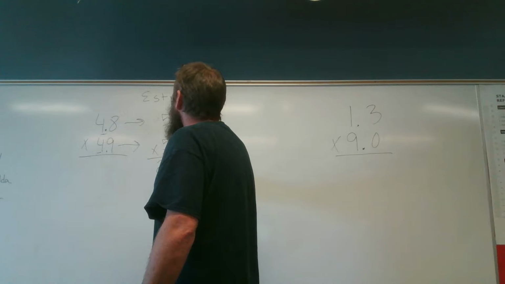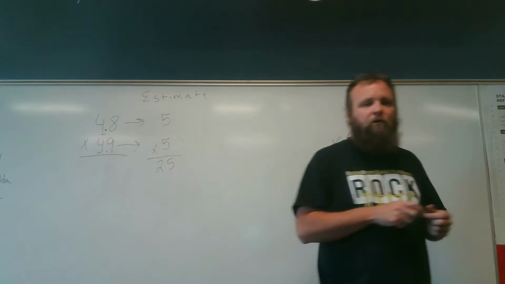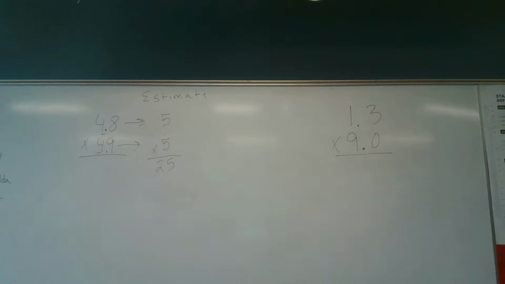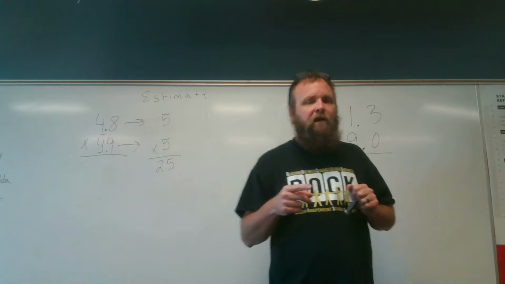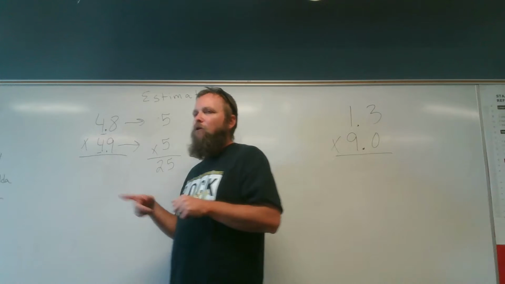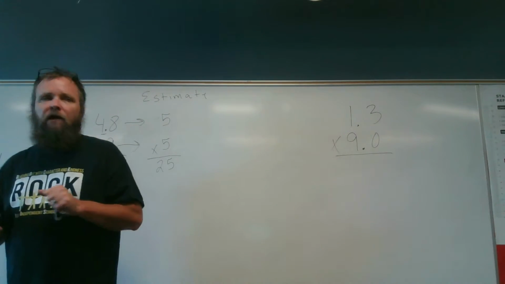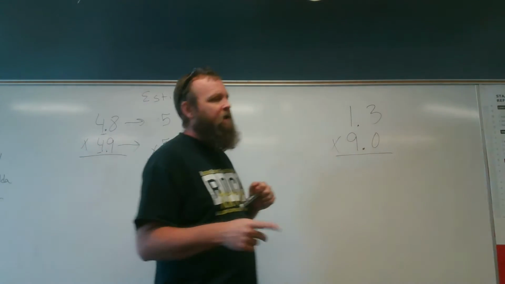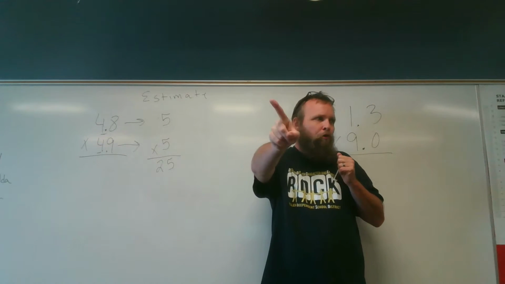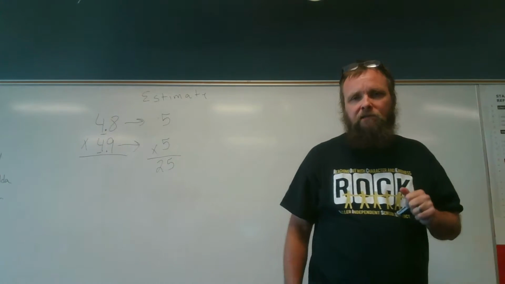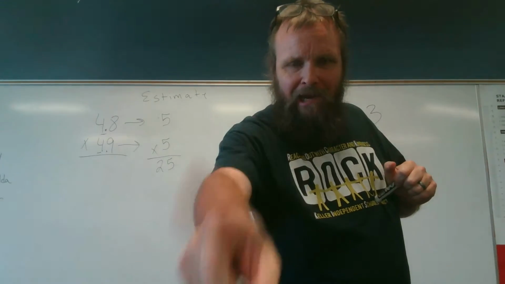Our answer is going to be somewhere in the neighborhood of 25. So I asked you guys to do this before we started. You can check your answer right now and see if it's in the neighborhood of 25. If it's not in my house, you must fix it. No, not today.